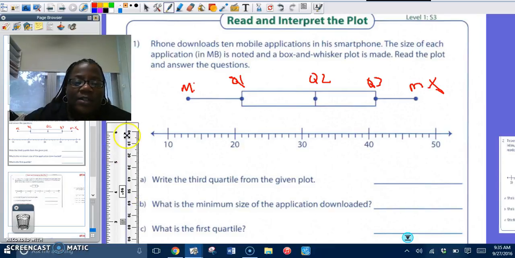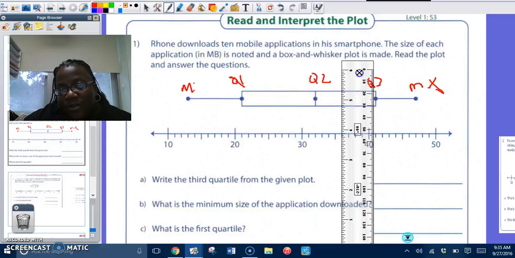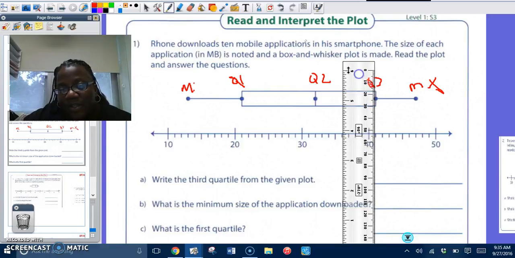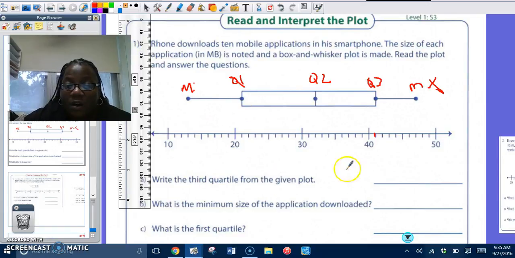There it is. Now that I have my ruler, write the third quartile from the given plot. Quartile 3 is over here. See, the dot is right here. So I'm looking at right here. And so that would be 41.